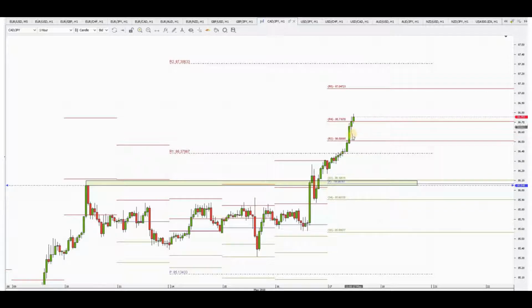And me personally, I was expecting today that from R3, and it was in the morning at 8, that it would just go lower. And this is very important to remember, because this candle was perfect. It broke above and closed below.